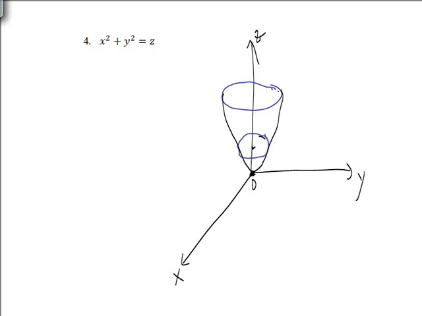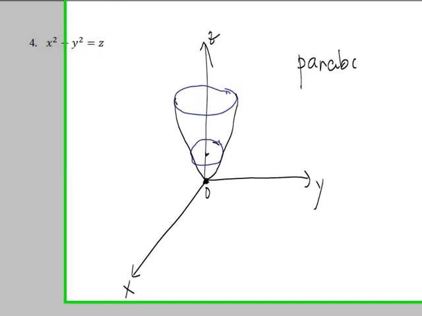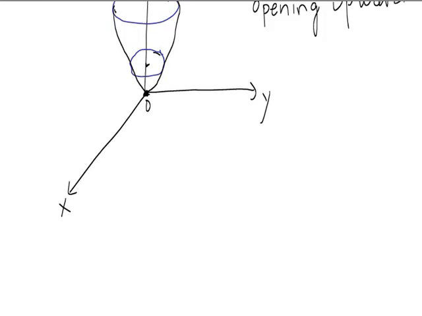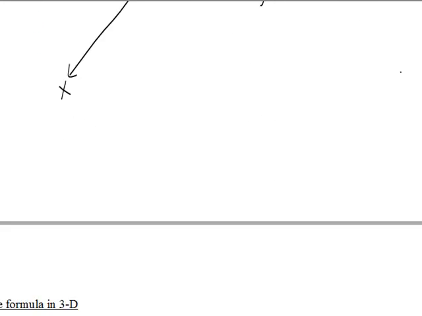The mathematical name is a paraboloid. A paraboloid, opening upward.